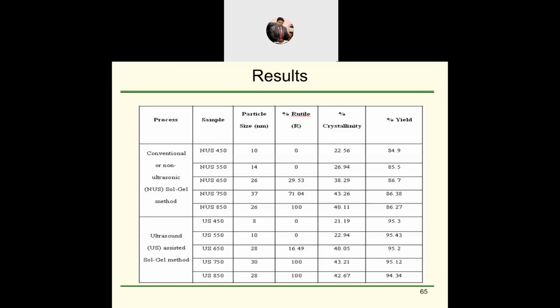Non-ultrasound 750, it is 71 percent, and non-ultrasound 850, it is 100% rutile. In the case of ultrasound, in the same column, at 750 ultrasound, it is 100% rutile, and this was the close observation which the XRD graphs have given to us.